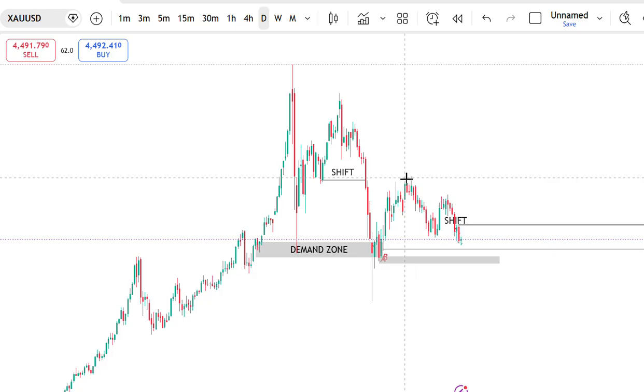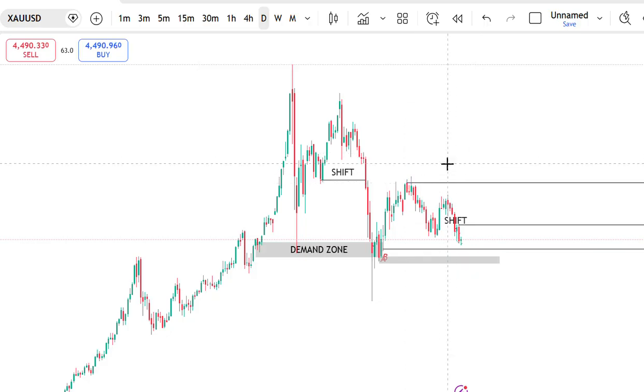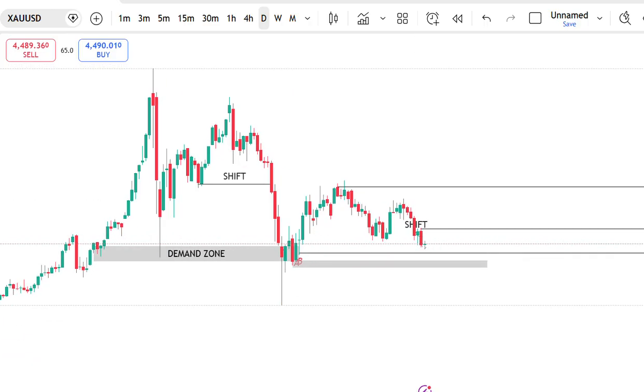Now the market just retested this zone exactly and it bounced back up to here. My expectation was just the price to break this zone, but then it failed and it ended at only this price here.